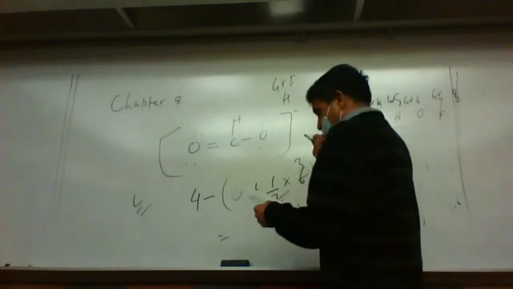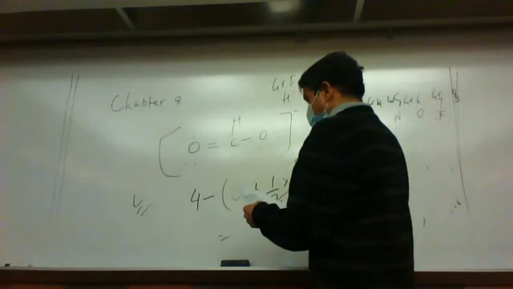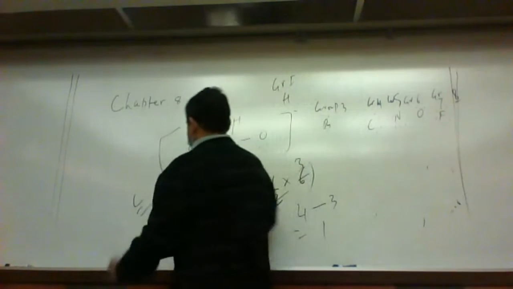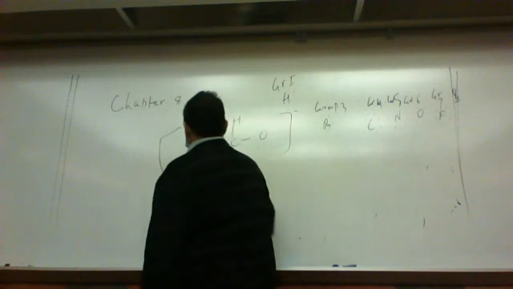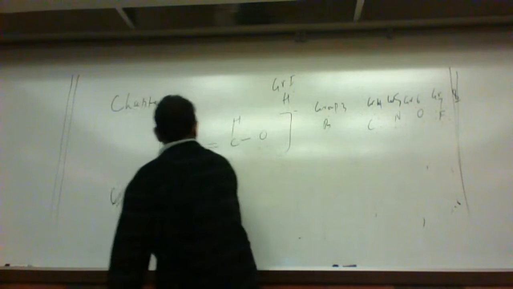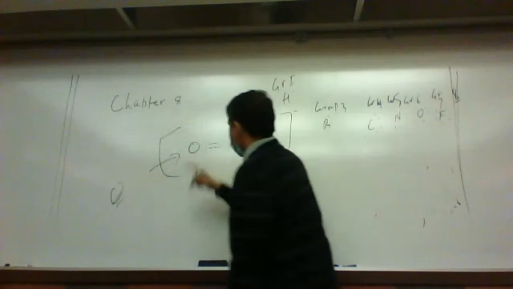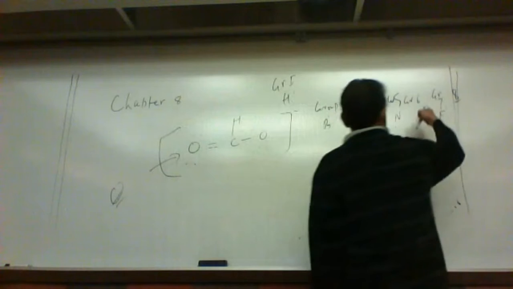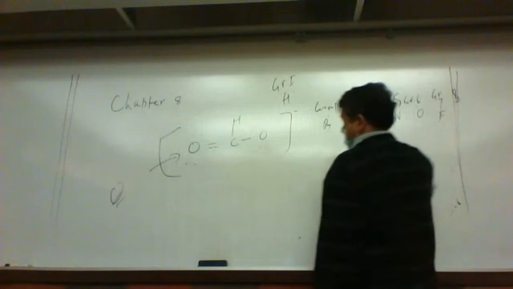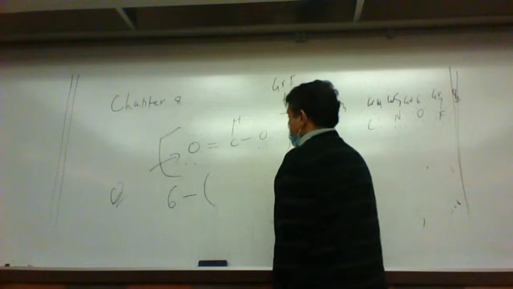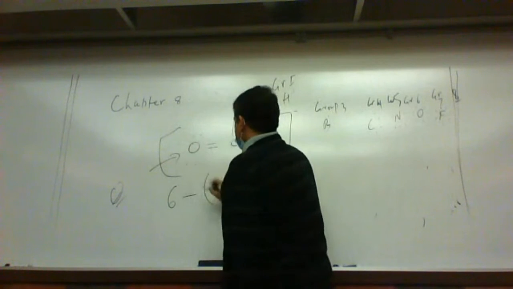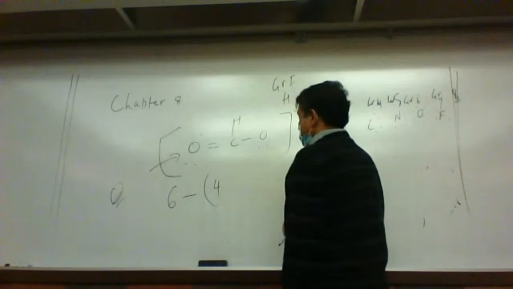Now let's calculate the formal charge of this oxygen here. Oxygen is 6 here: 1, 2, 3, 4, 5, 6. 6 minus, and then how many lone pair? 1, 2, 3, 4. 4 lone pair there.